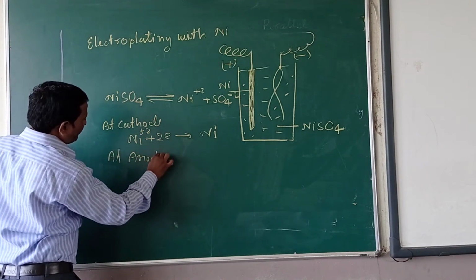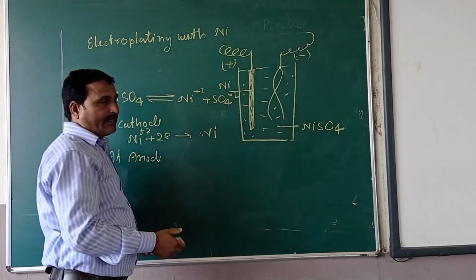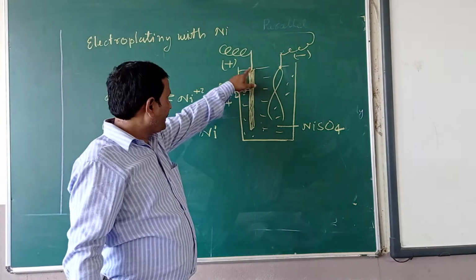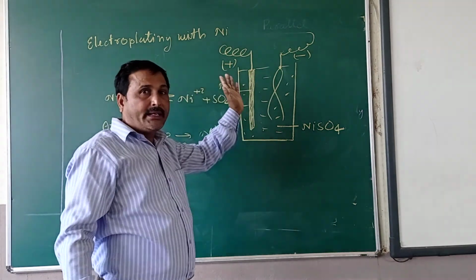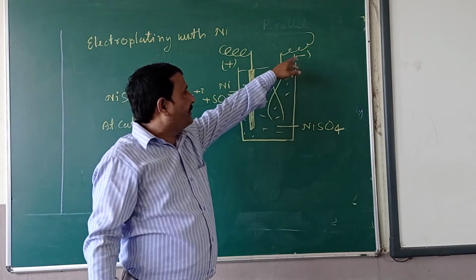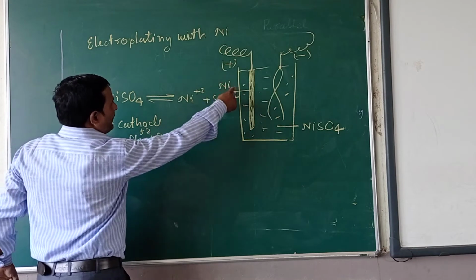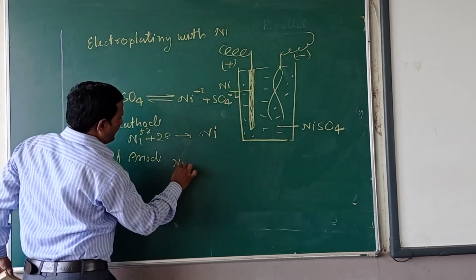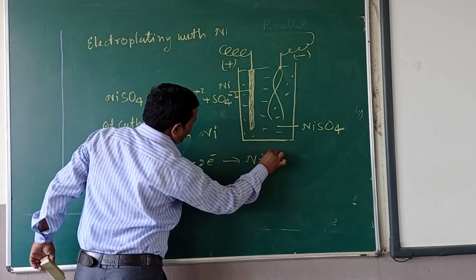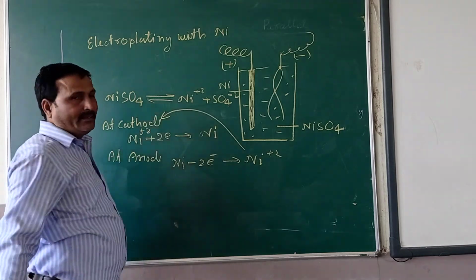Now at the anode, since the anode is also made of nickel, as I said, the material which is used for electroplating should be kept at the anode. The material which is going to be electroplated, you connect with the cathode. This nickel anode loses electrons and forms nickel ions. These nickel ions again migrate toward the cathode.